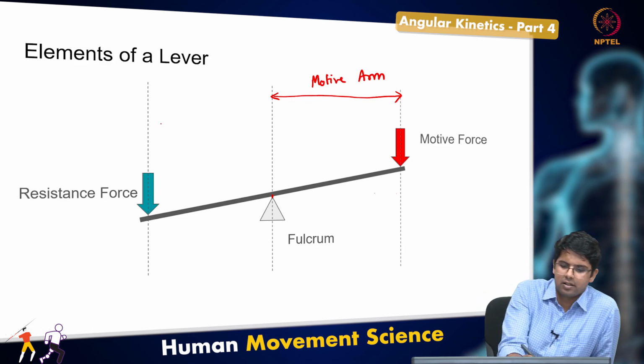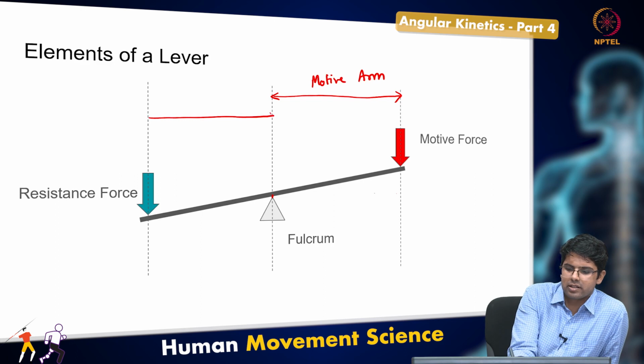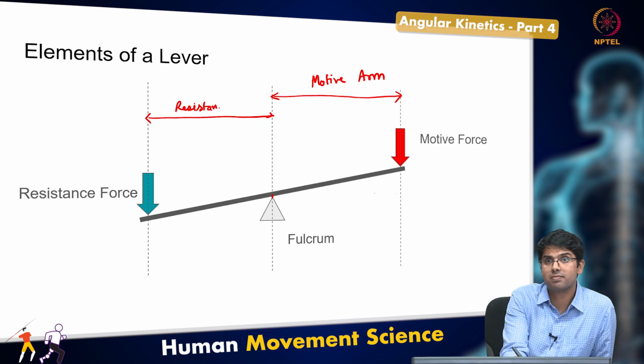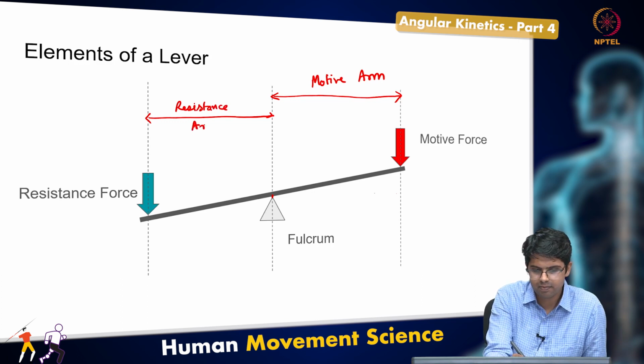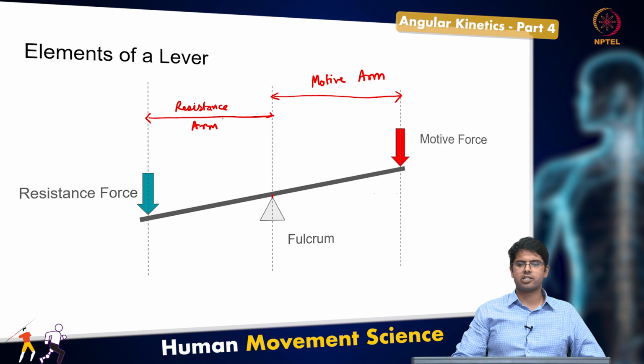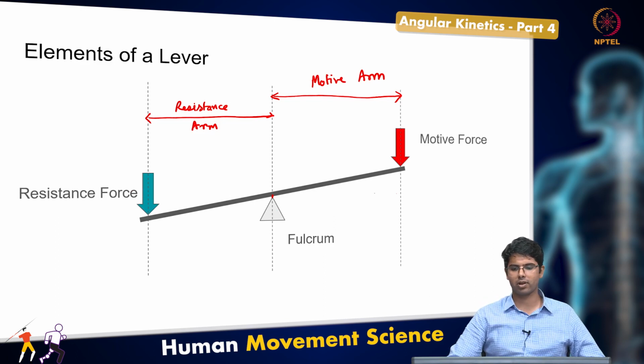And this is called the resistance arm, which is the perpendicular distance between the pivot point and the direction of the load's force application. These terms will be important for us to calculate whether this lever is going to help me or hurt me.